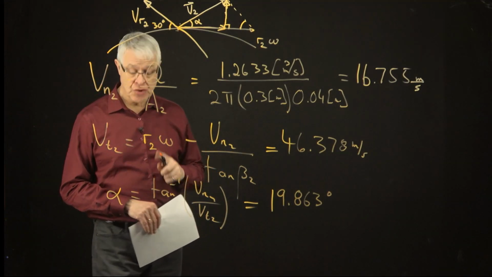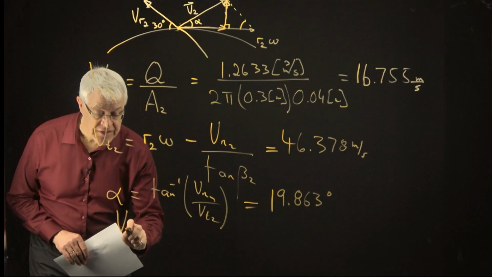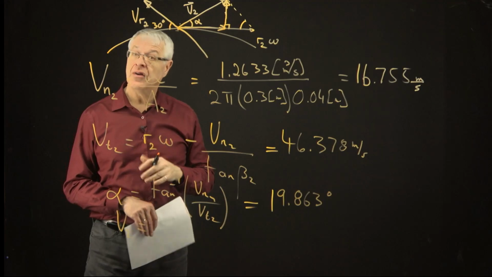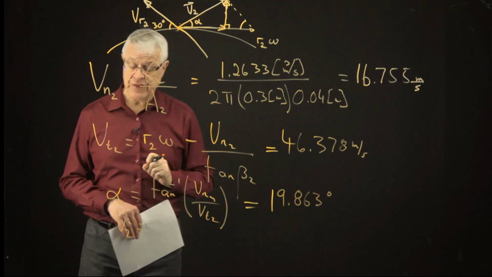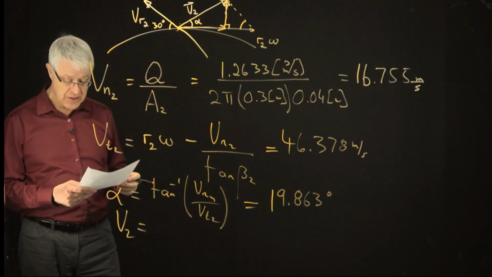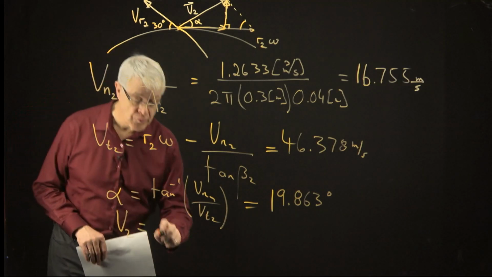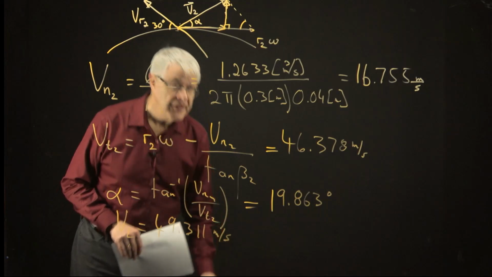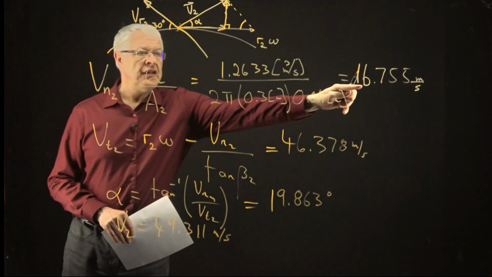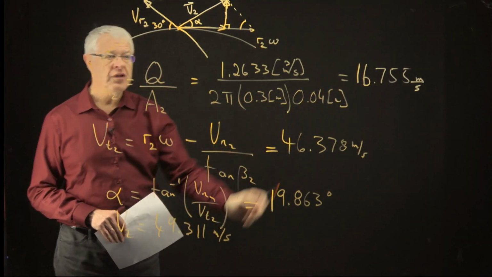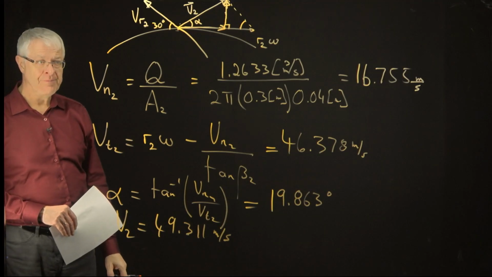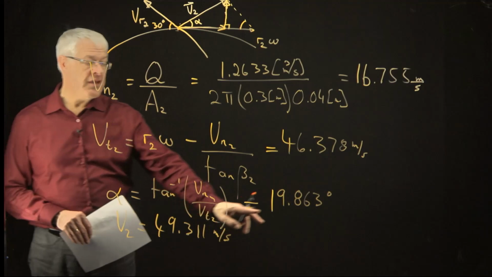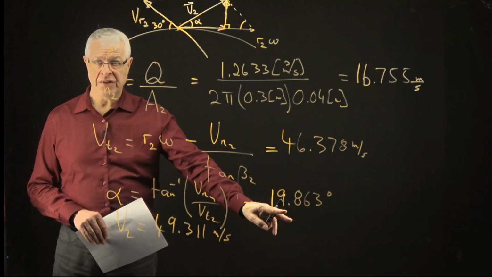So again, I'm not going to show that, I'll just give the result. So V2, the magnitude of the water velocity relative to the ground as it comes off the outer diameter of the impeller, works out to 49.311 meters per second, so 49 meters per second. So it's coming off at 49 meters per second at an angle of 19.9 degrees.